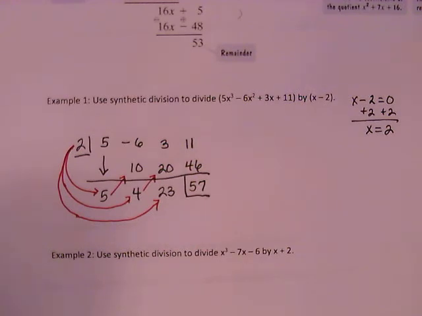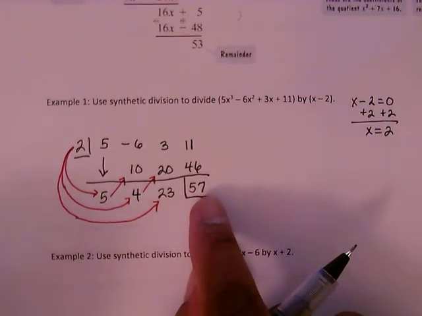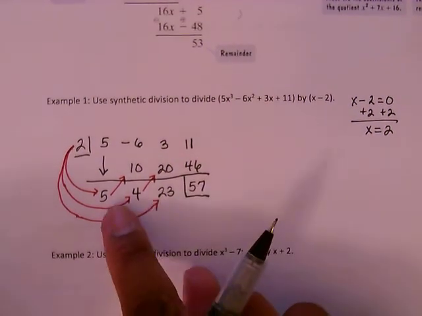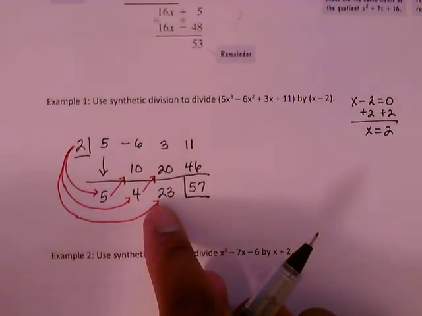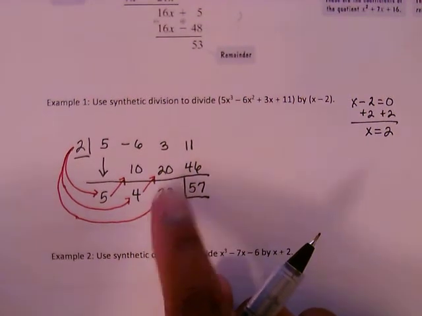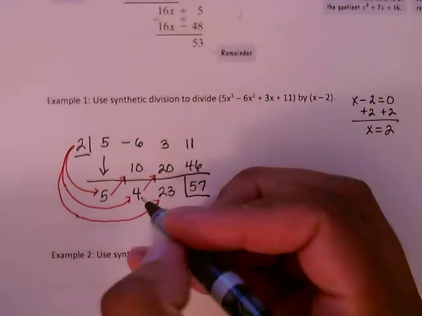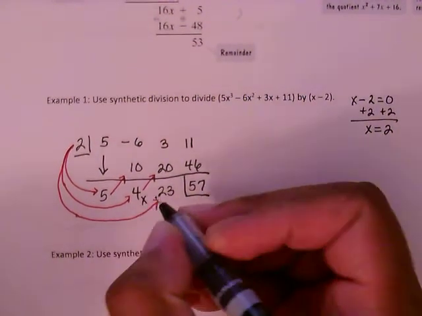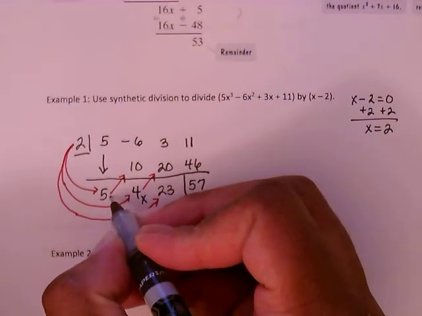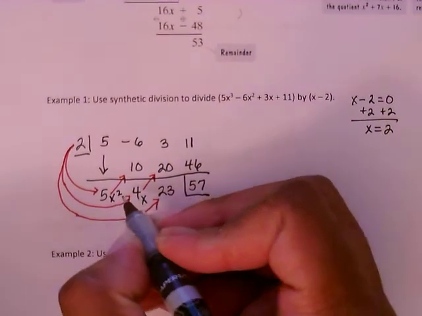Now I need to write the quotient and the remainder. That 57, which is the last number in the last row, that's going to be your remainder. The other numbers, 5, 4, and 23, will be your quotient. The 23 will be the constant term. The number in front of that, which is your 4, that's the coefficient of x. The 5, which is in front of that, would be the coefficient of x squared.